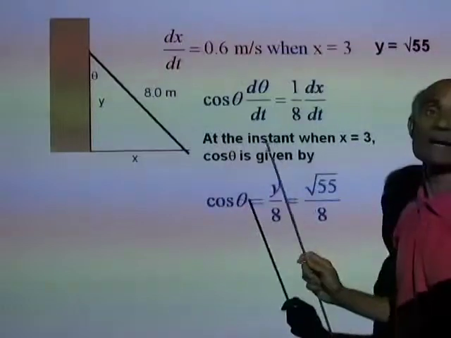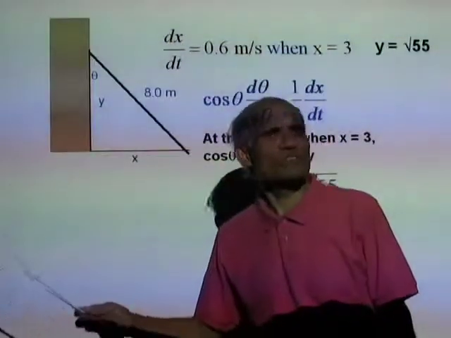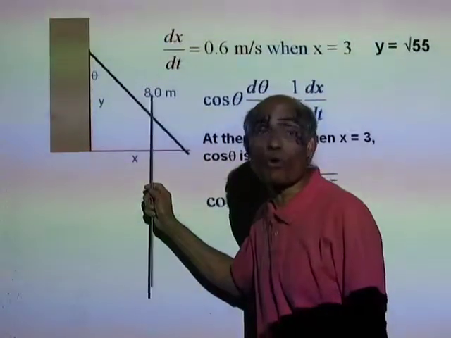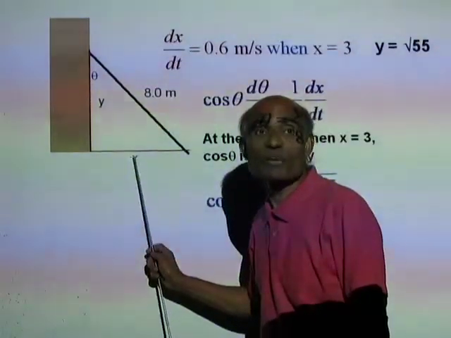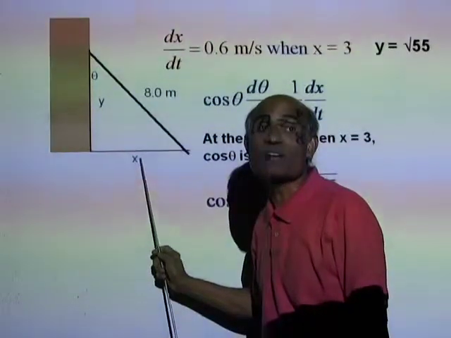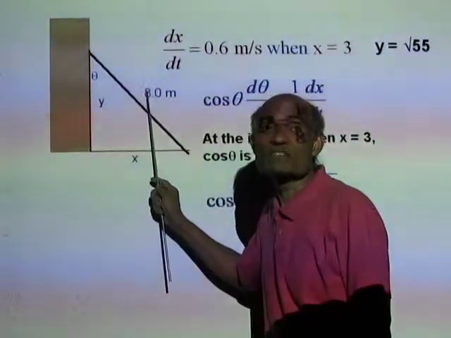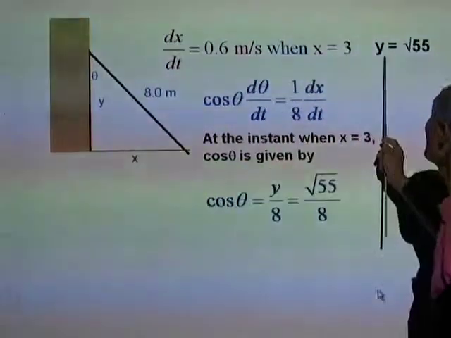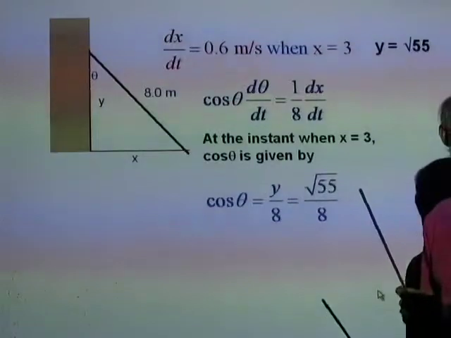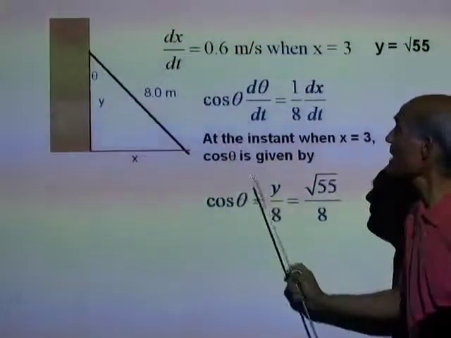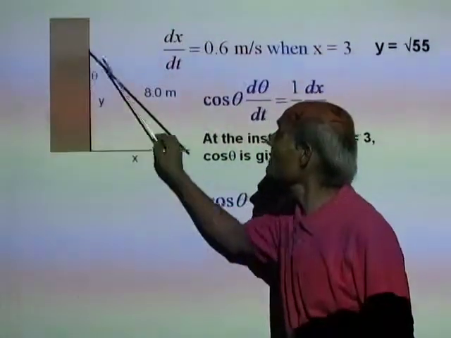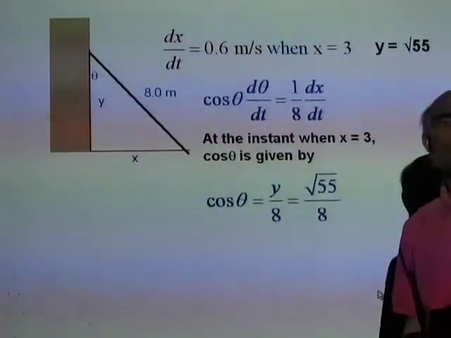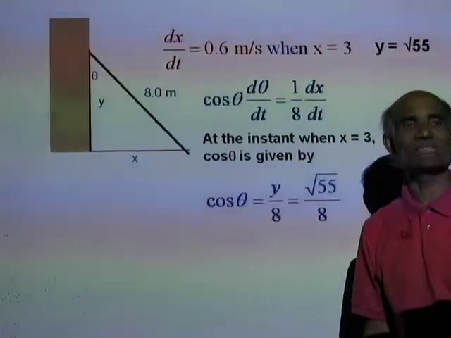X squared plus y squared equal to 64. When x equal to 3, x squared is 9. So y squared is 64 minus 9, which is 55. Therefore, y equals square root of 55. That gives you cos theta equal to square root 55 divided by 8.